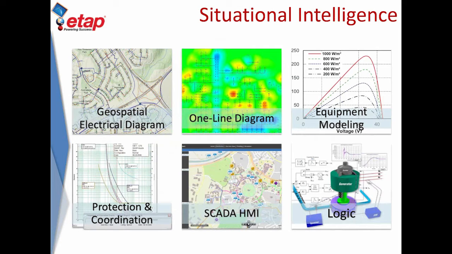If you recall, I previously mentioned multiple foundations. The multiple foundations include obviously a schematic or a single line diagram. Equipment modeling is important because that includes modeling for generators as well as renewable energy such as photovoltaic and wind. So that capability is also included inside ETAP.